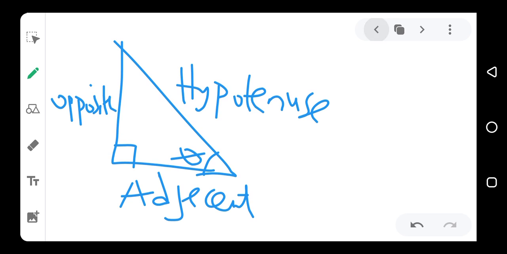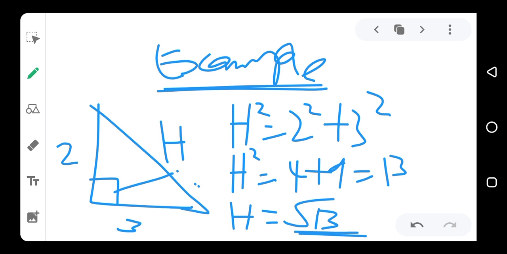We have that for this angle, there is what we call sine theta, which is equal to opposite over hypotenuse.